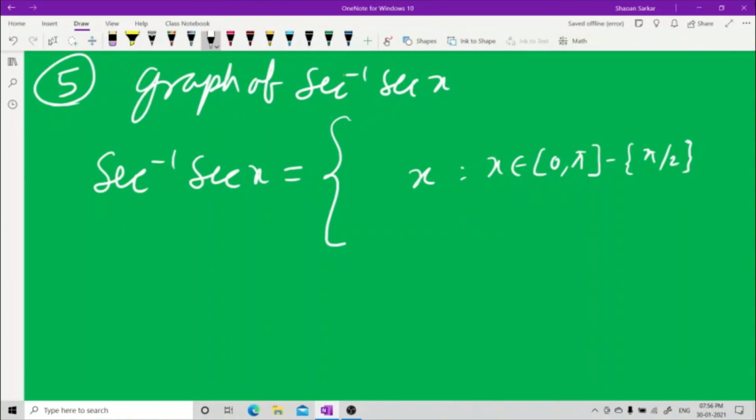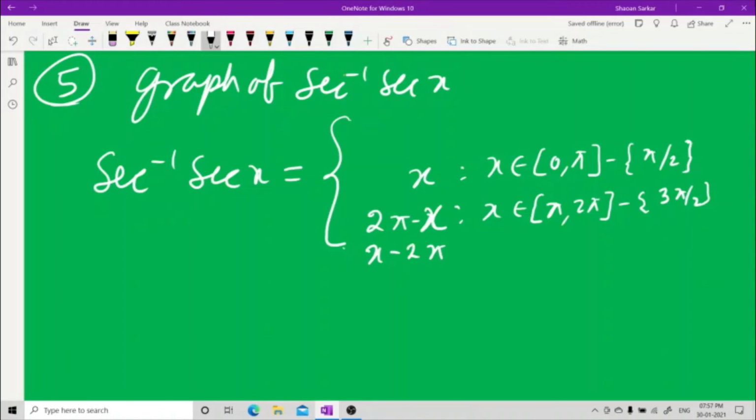Now this would be 2 pi minus x, for x belonging to pi to 2 pi, from where 3 pi by 2 would be removed. Now this would be x minus 2 pi for x belonging to 2 pi to 3 pi, from where minus 5 pi by 2 would be removed.